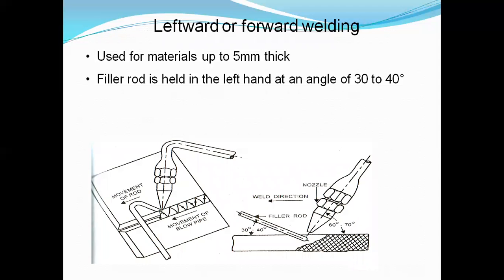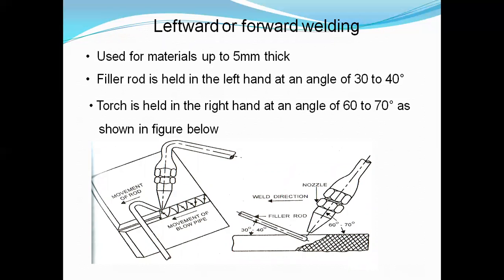In the diagram you can observe this. Leftward or forward welding is used when the thickness of the material is 5 mm. That is how the operation is done.